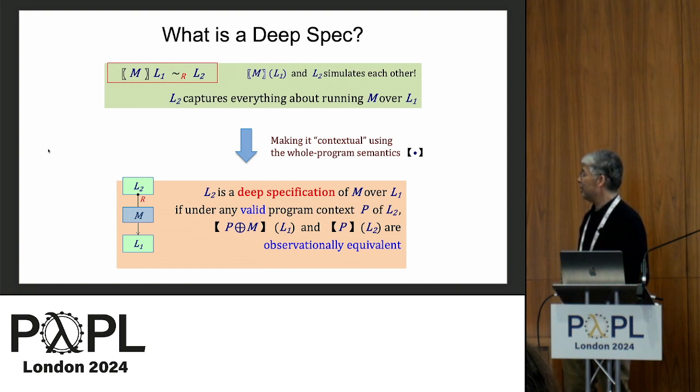And what do I mean by exactly the same? There's some notion of a context. If you have a whole program semantics P, then under any valid program context, these two behaviors are observationally equivalent with some relation R between the data structure representations.